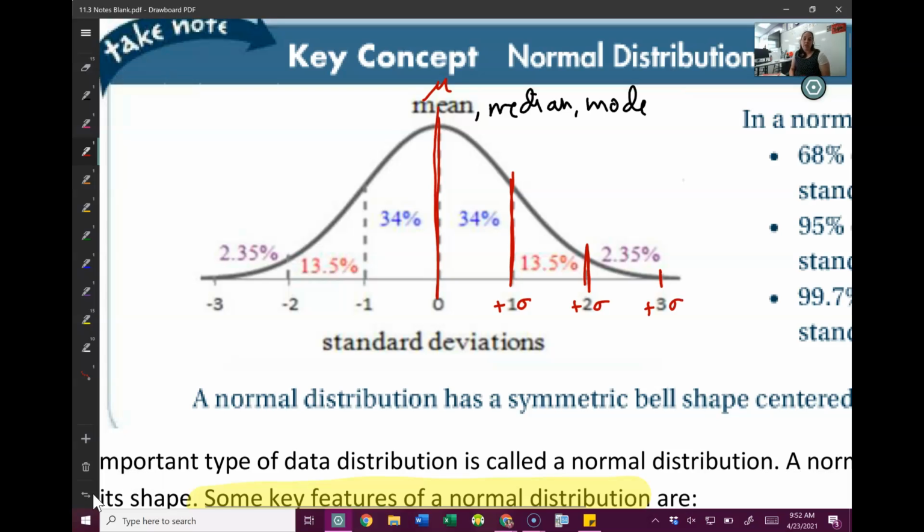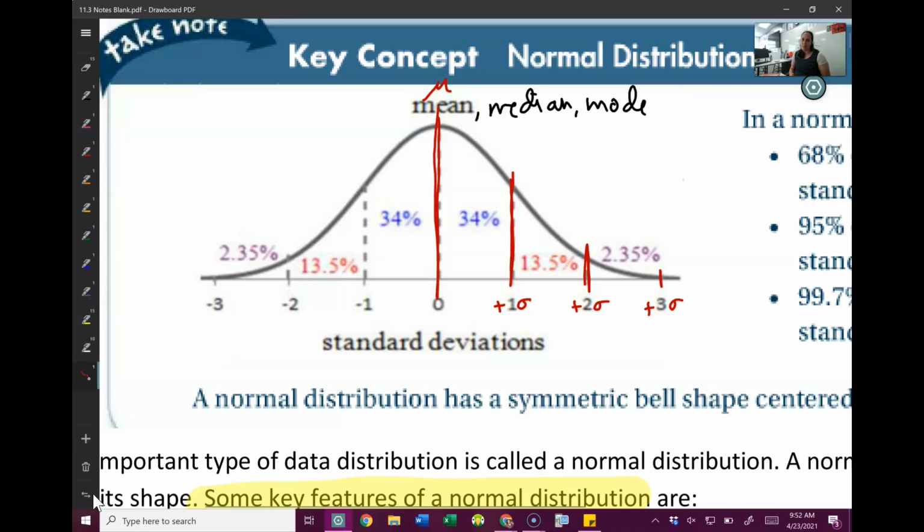And the more standard deviations you are away from the mean, the more unusual the data. For example, the mean or the average IQ is 100. If I have an IQ score that is 4 standard deviations above the mean, or like 150, 160, that is an extremely unusual IQ score.